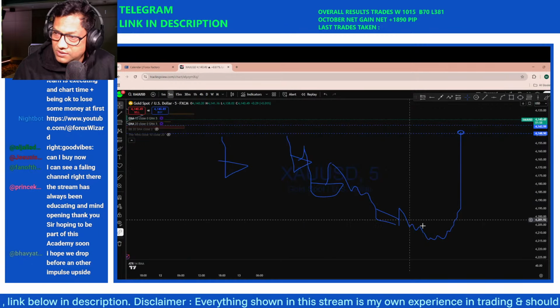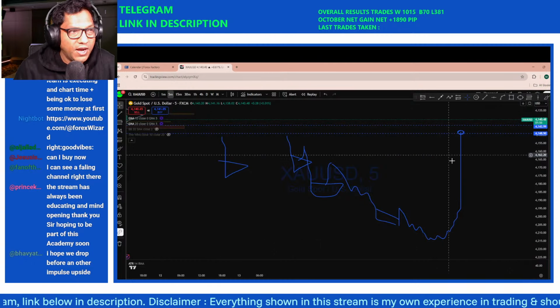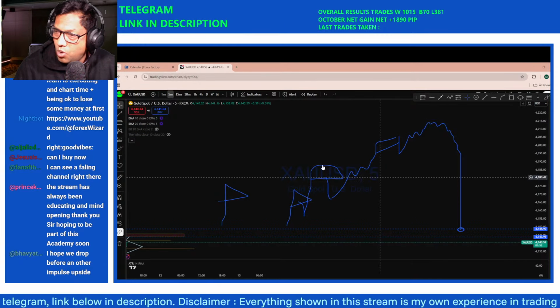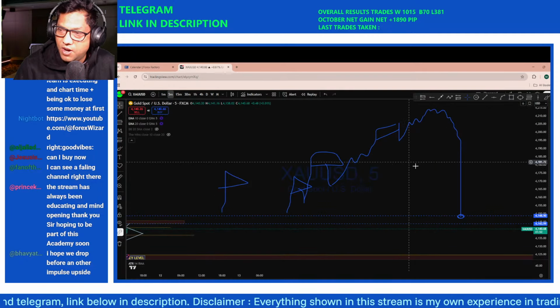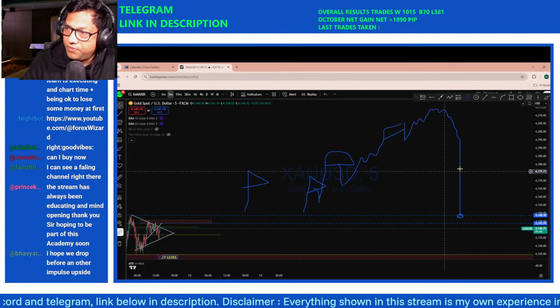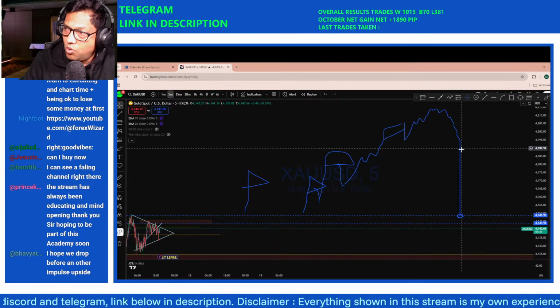So imbalance and then boom, bounce back up. That's what you can see on the market. Why does this happen?